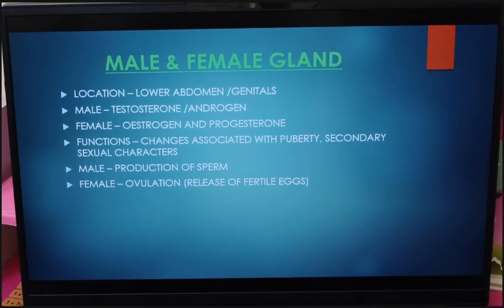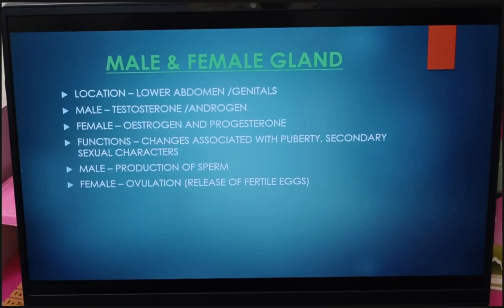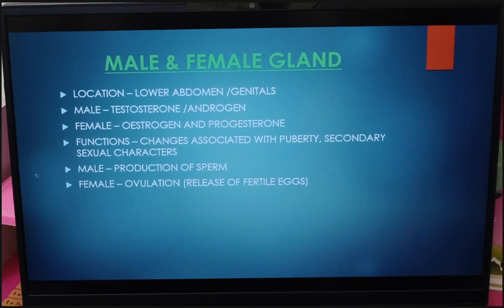Next is the male and female gland. This is a very important gland in males as well as in females. The location is the lower abdomen or the genitals. In the case of males, after puberty you can find certain changes in the male child, like the appearance of a mustache and beard, acne development, development of the genital organs, and hair growth in the armpit and the chest region.